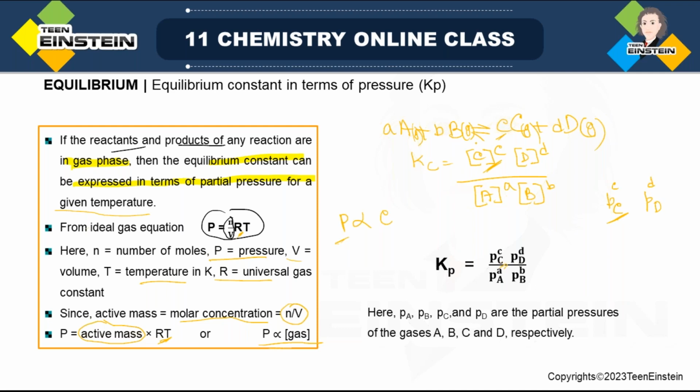So in these four positions, you will write the pressure terms, and the subscript will also change. So pA, pB, pC, pD, small p obviously, because these are the partial pressures of all four gases respectively. Okay, so this is the difference. Equilibrium constant in terms of concentration is Kc, and for gaseous substances it will be in terms of Kp.